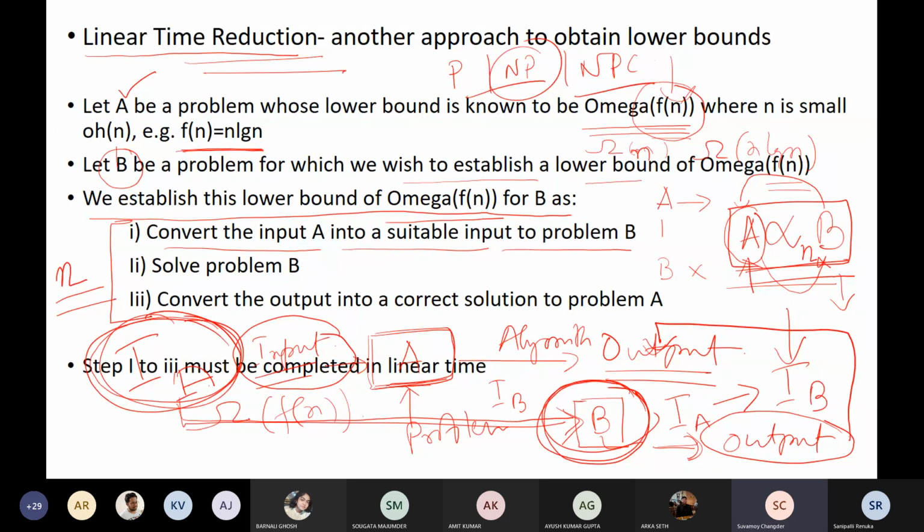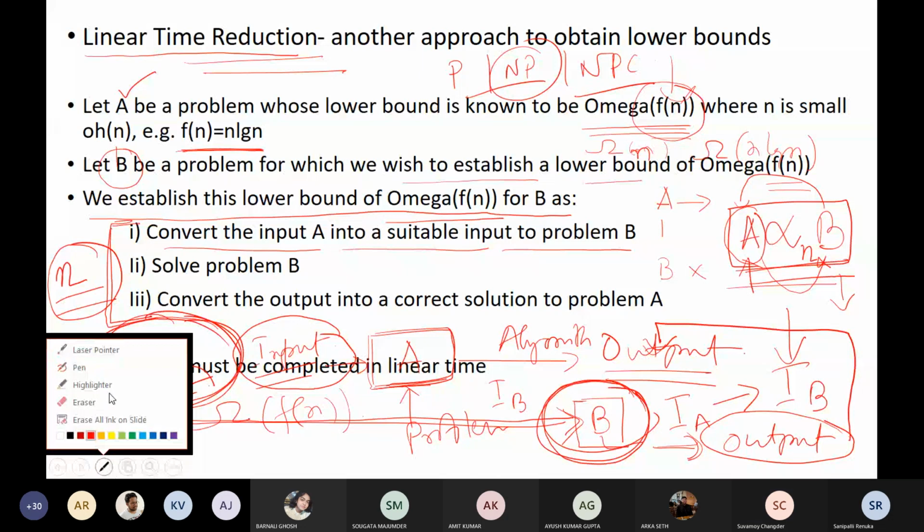So now we can write that A is linearly reducible to B if all these three steps can be executed in time complexity n, which is known as linear.